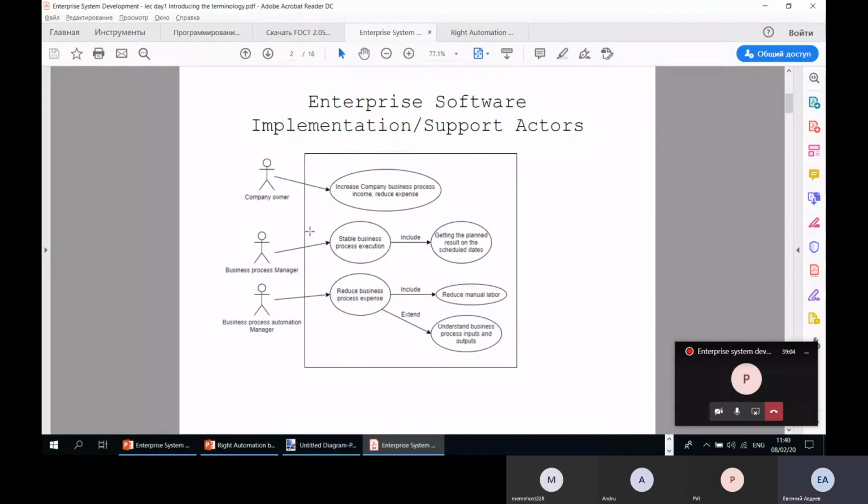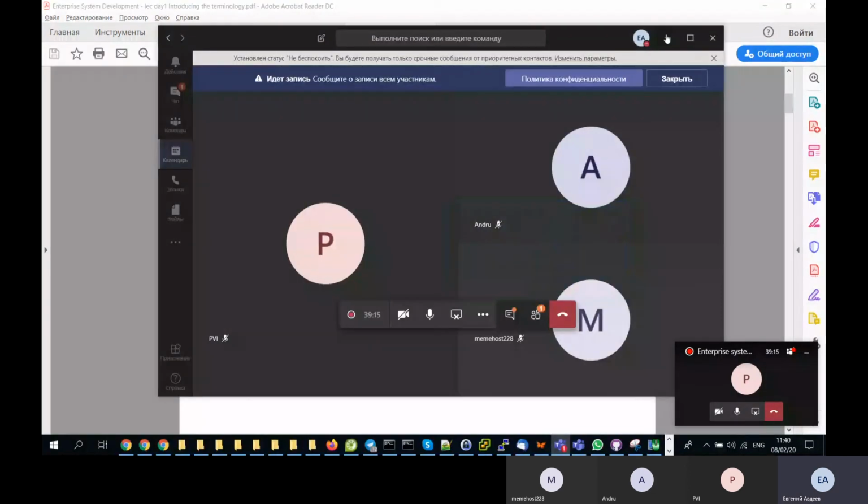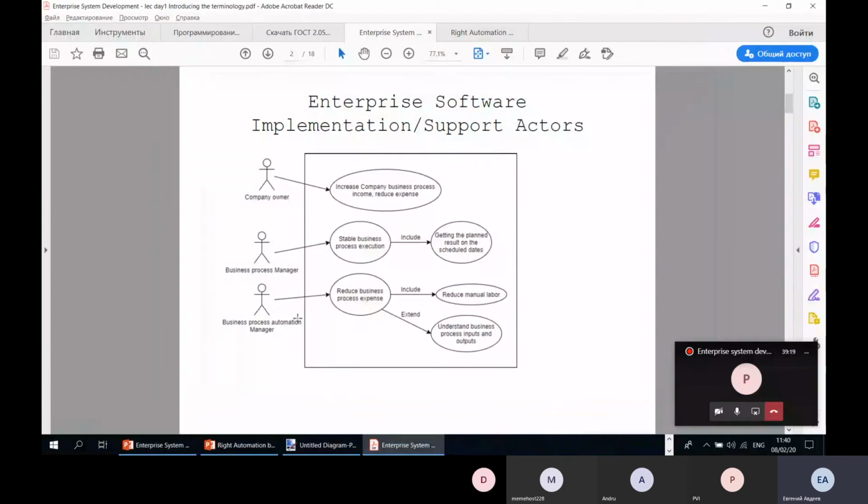So, company owner, business process manager. Also, we have a third part. Probably this part is about automation, about people who automate the business processes in the enterprise. In our case, of course, it's about information technology instruments, and they have to reduce business process expenses.